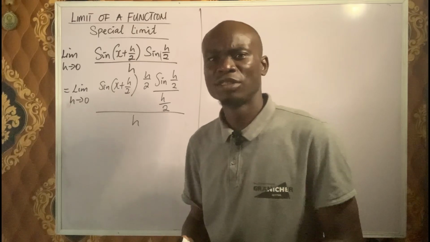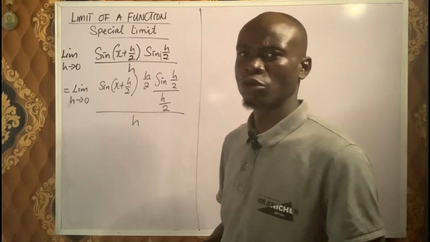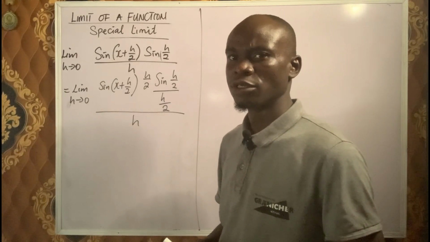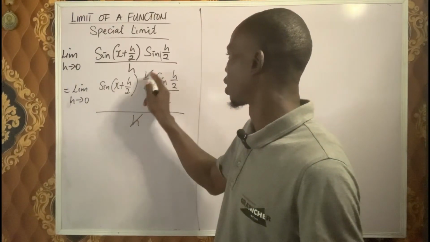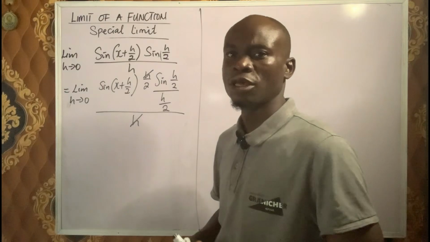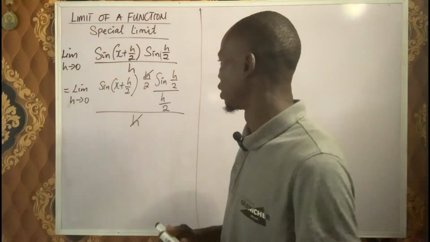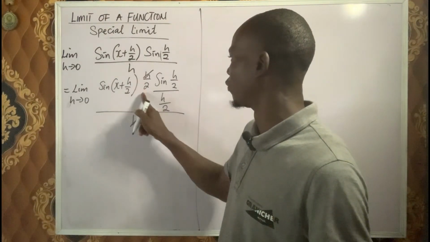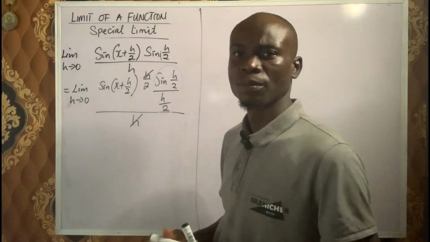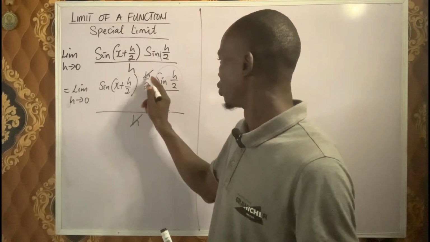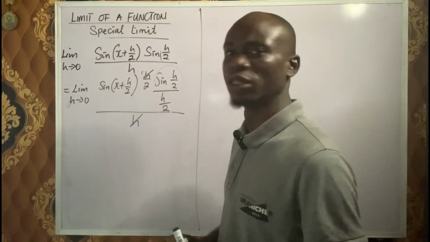I believe you understand what I did to that sine, because it's a special limit. So what can happen here is that h can cancel out. And if h cancels out like that, the constant remaining is 1 over 2. Is that okay? So bringing out the 1 over 2 here, when h cancels, you leave 1 here.